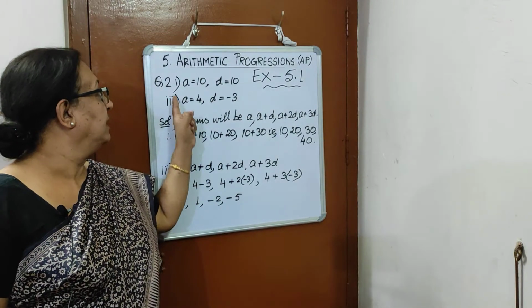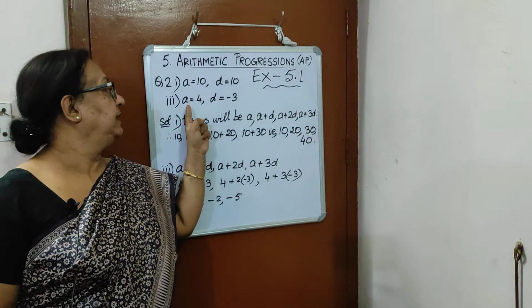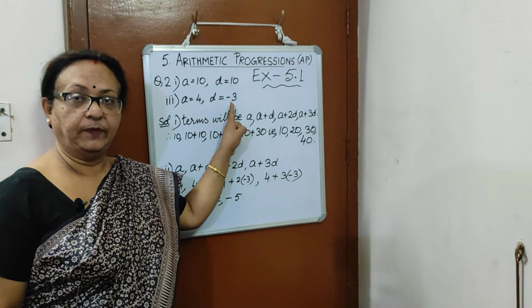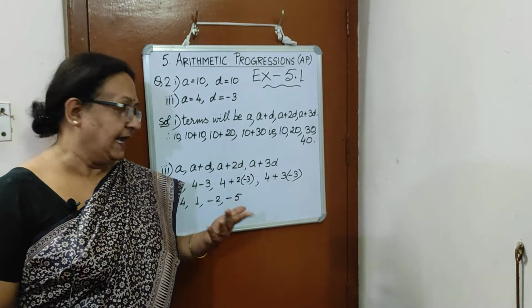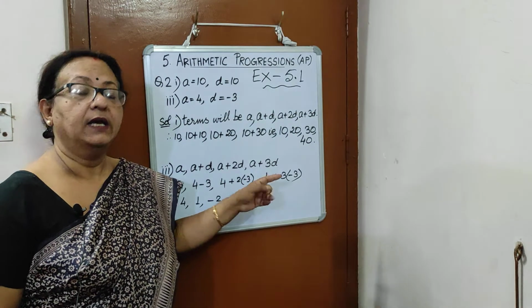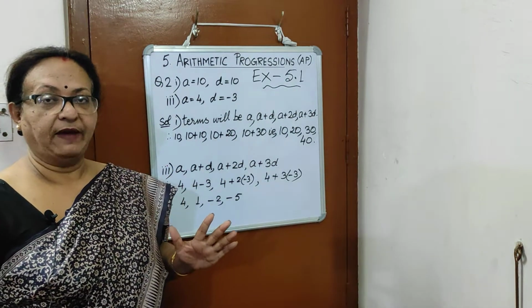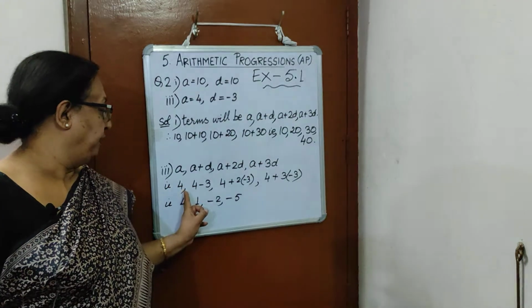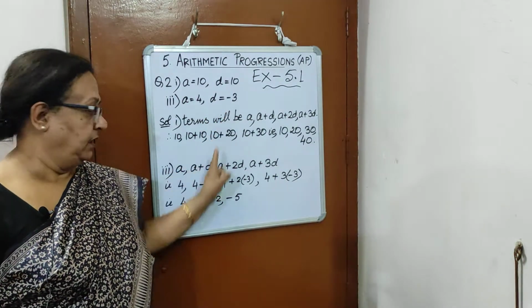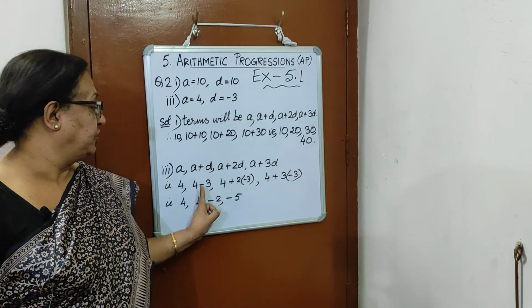Let's take another example. Take the third one in question number 2. Here the first term is given as 4 and the common difference is minus 3. So the first 4 terms, again the same: a, a plus d, a plus 2d and a plus 3d. Just simply substitute the values. The first term a is 4, a plus d, d is minus 3, so 4 plus minus 3.